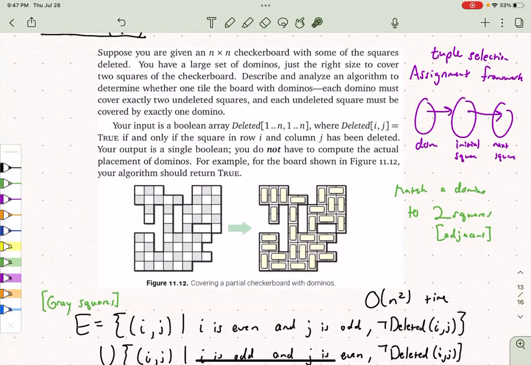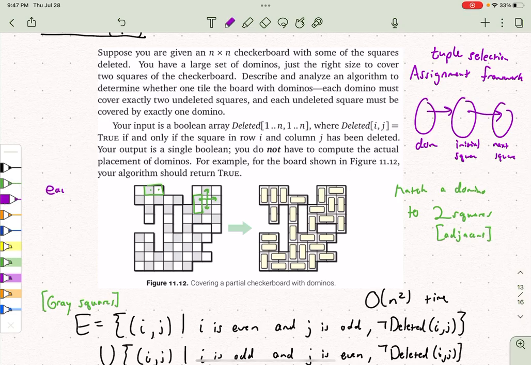And this is because each domino will cover one even and one odd, because that's just how adjacent squares work. Every adjacent square, which means up, to the right, to the left, or down, has to be a different color. So let me just say that.